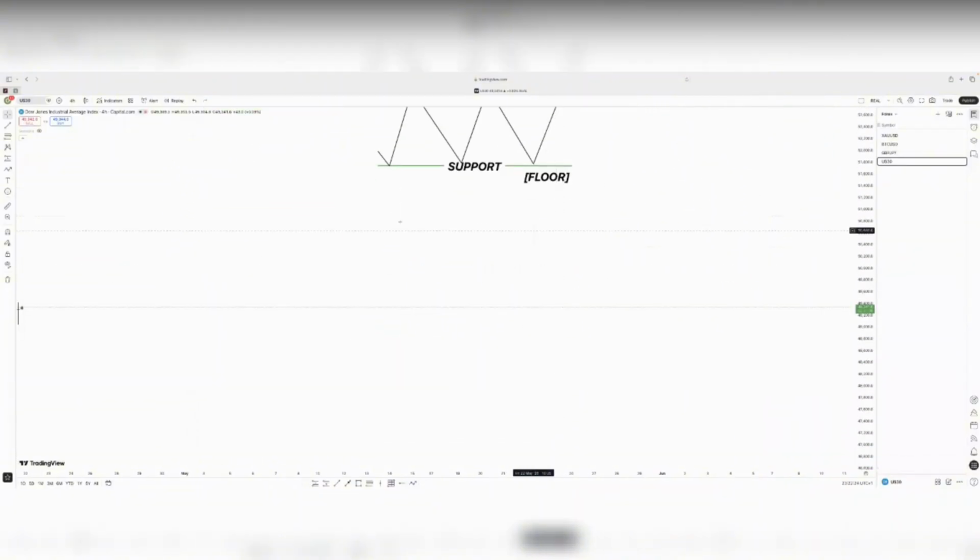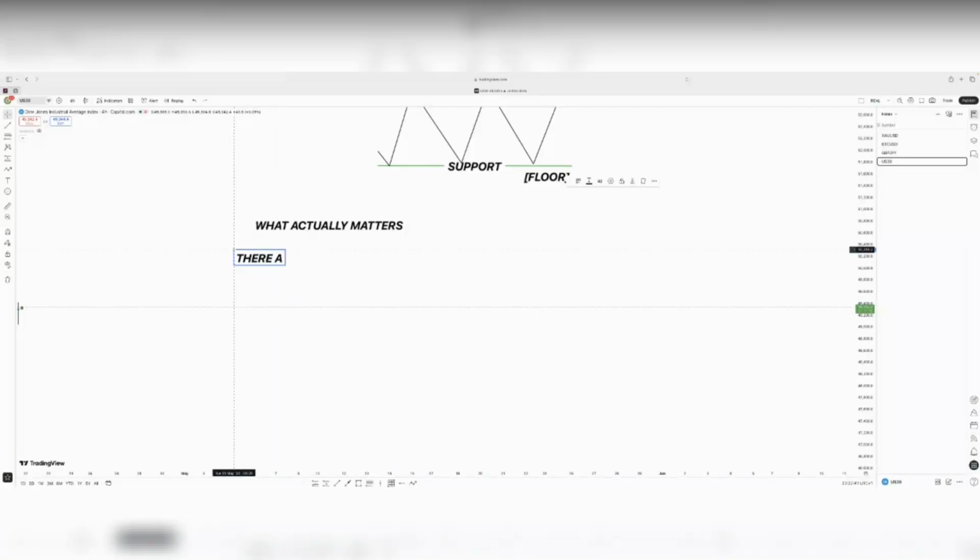Now, this is what actually matters. What actually matters is they are zones, not lines. Please remember this. Try not to forget this, all right? They are zones, not lines. A support is not a straight line.